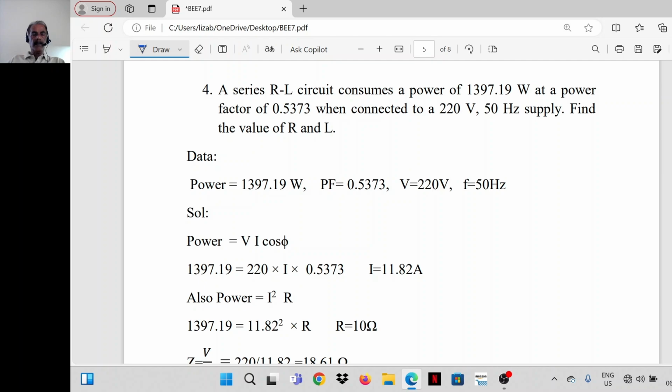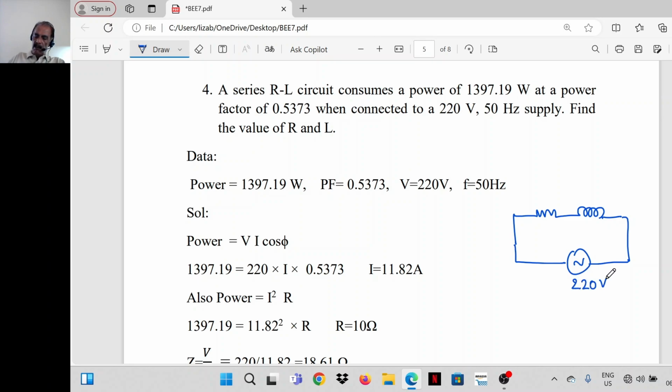Next example: a series RL circuit consumes a power of 1397.19 watt at a power factor of 0.5373 when connected to a 220 volts 50 hertz supply.